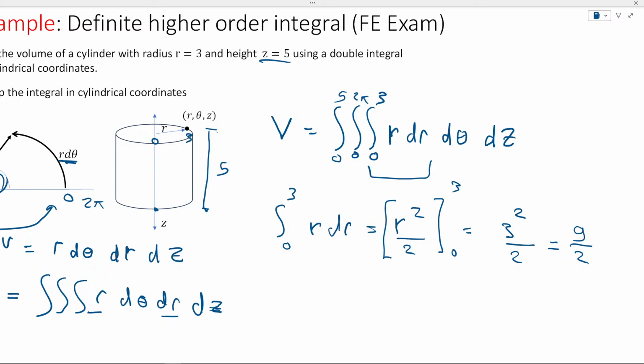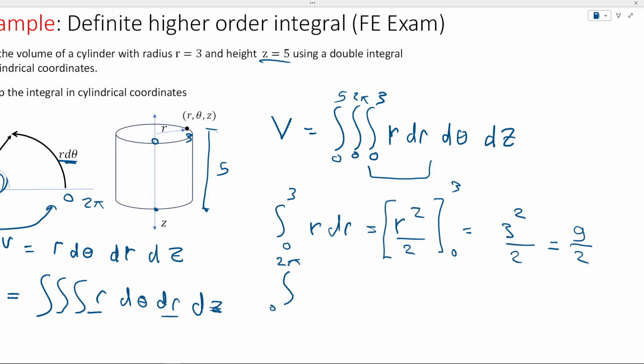Now I have my first integral giving me 9 over 2. That's a constant, so I can just do the second integral, from 0 to 2 pi.